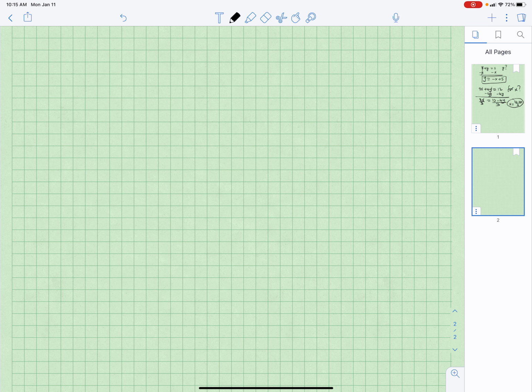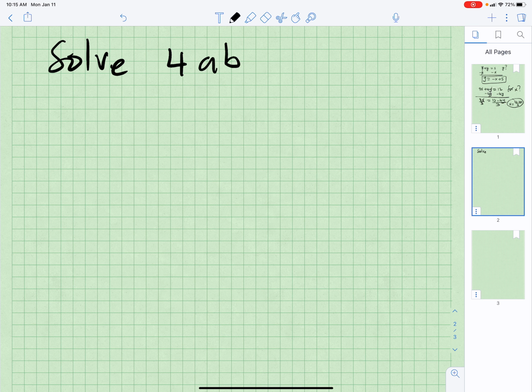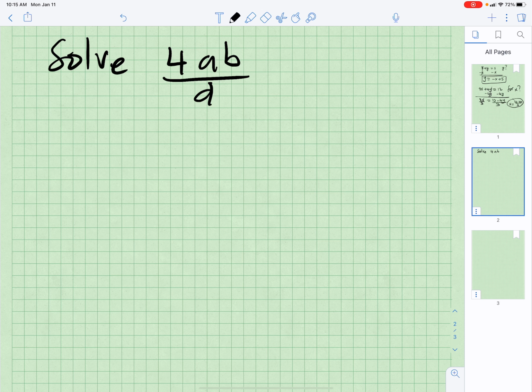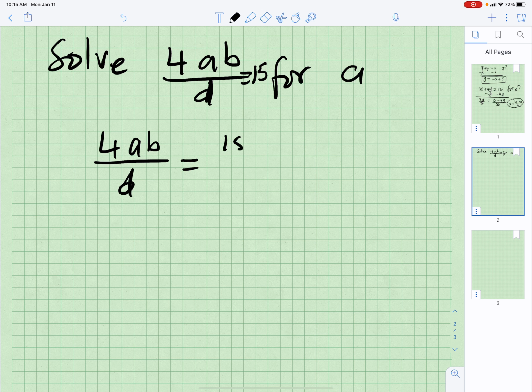Let's say we need to solve 4ab divided by d. We want to solve this for a, right? This is a. So equals 15. It's an equation. So again, the bottom number is d. So we can write this as a fraction, 4ab over d equals 15 over 1.